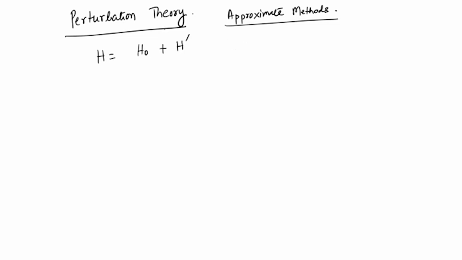But why these approximate methods work is that when you have this H prime, the expectation value of that as compared to H naught is much smaller than 1, okay? Or you can say that the expectation value of H prime is much smaller than the expectation value of H naught.